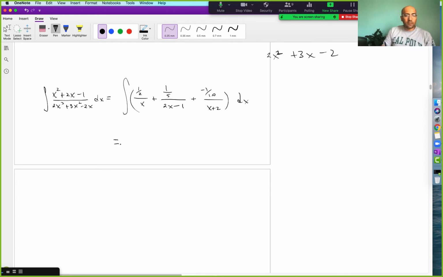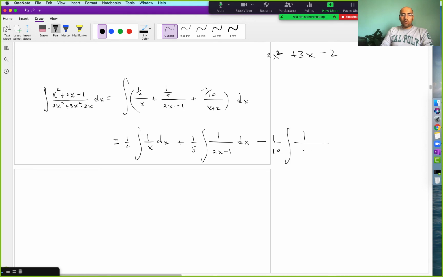We can simplify this a little bit. Let's turn this into 1/2 integral of 1 over x dx plus 1/5 integral of 1 over 2x minus 1 dx, minus, well, let's just make that a minus, 1/10 integral of 1 over x plus 2 dx.